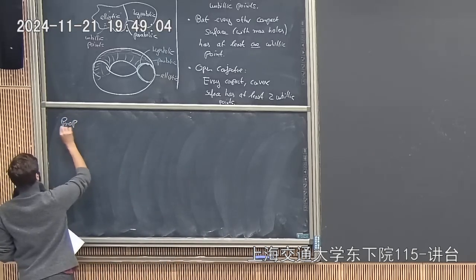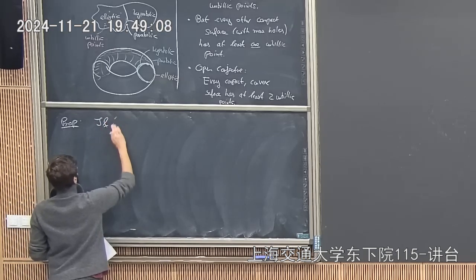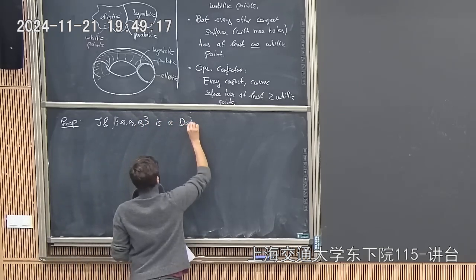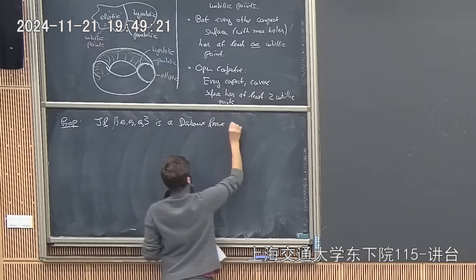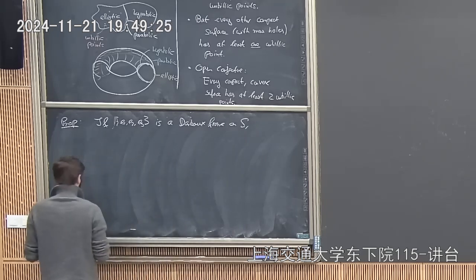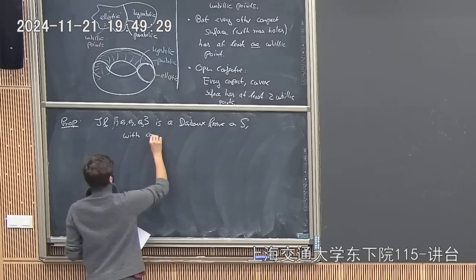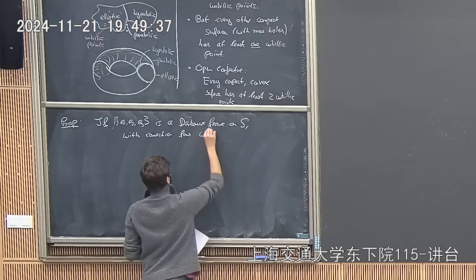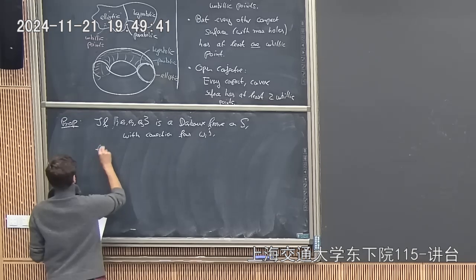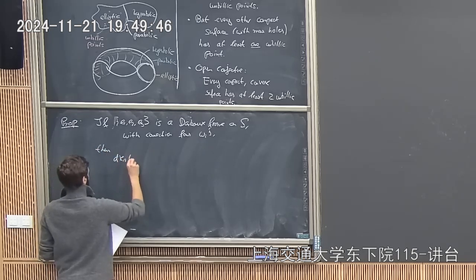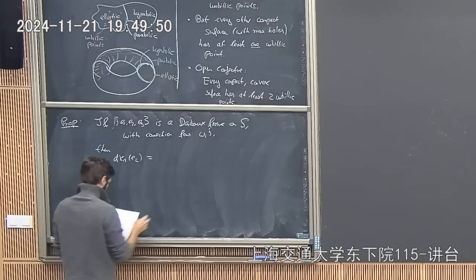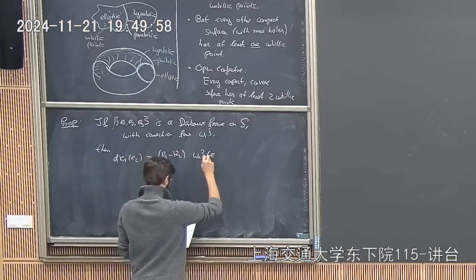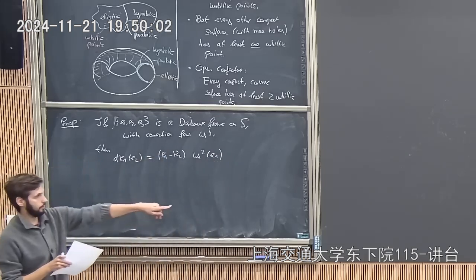The following proposition is that if E1, E2, E3 is a double frame on S, with connection forms omega ij, then d kappa 1 in E2 direction is given as kappa 1 minus kappa 2 omega 1 2 E1, which is exactly this equation that we just derived.